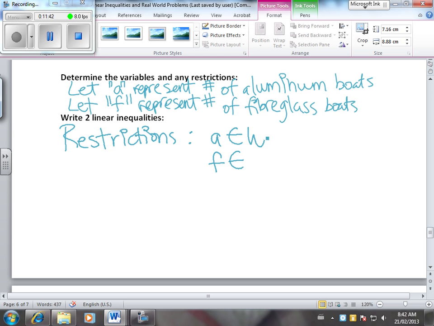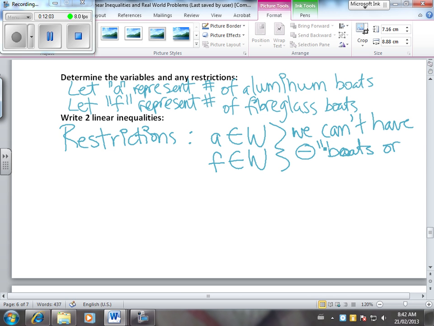So we're going to say that A belongs to all whole numbers and F belongs to all whole numbers, because we can't have negative boats or decimal boats. On the assembly line, they can't make, you know, 0.3333 of a boat. It has to be either a whole boat or no boat at all.